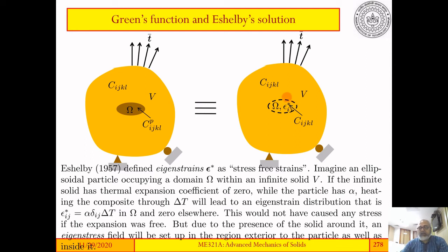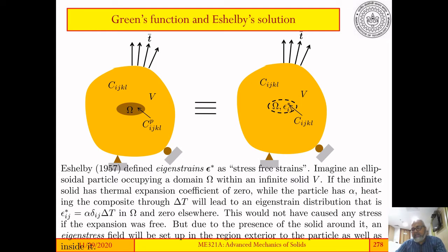It is as if the ellipsoidal particle has been taken out of the material, uniformly expanded by epsilon star, and then you have applied forces on its boundary, reduced it in size and fitted it back into the hole from which you took it out. When you put it back into the hole, it tries to expand again, and as a result generates strains in the material as well as inside itself.